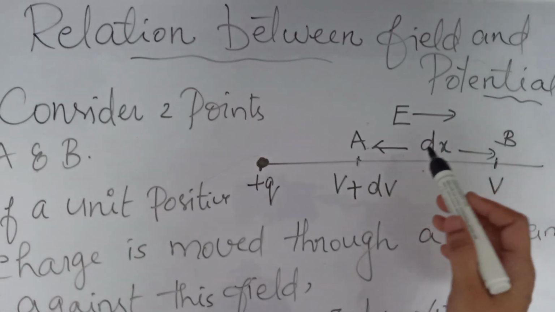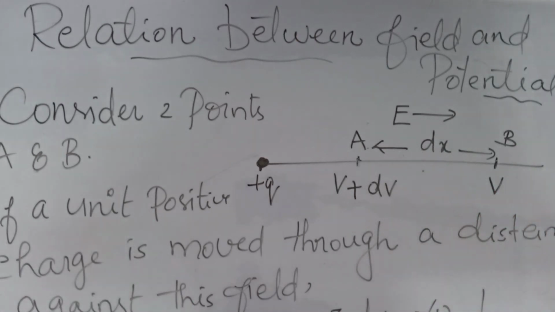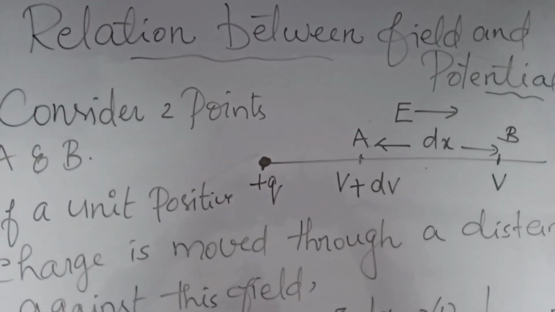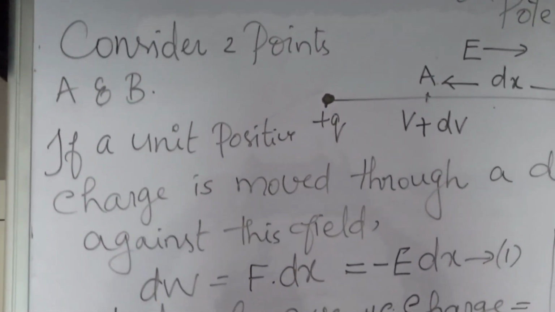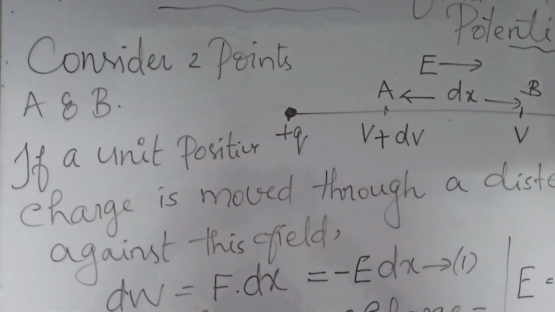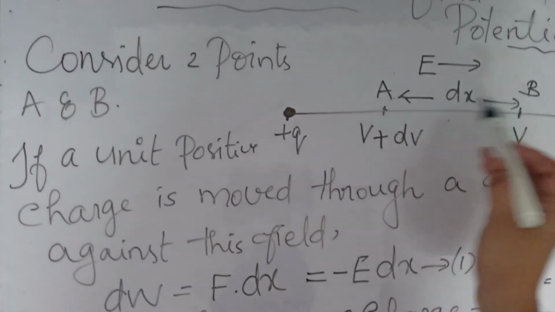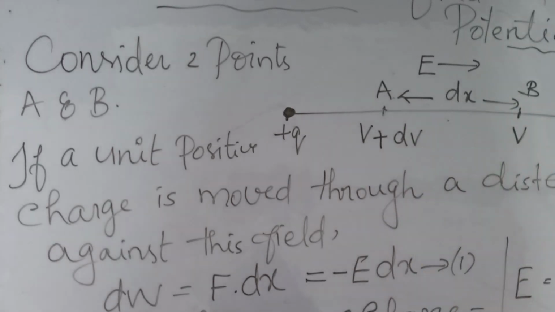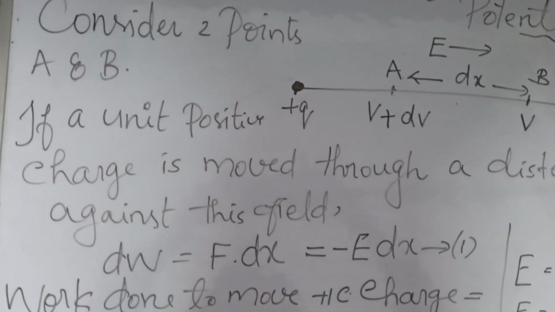So what will be the work done? How will we calculate it? Work done is force into displacement, right? So dW we can take, because only a small work we have to do, since A and B are very close to each other. That means we have to do a small work for moving a unit charge between them.